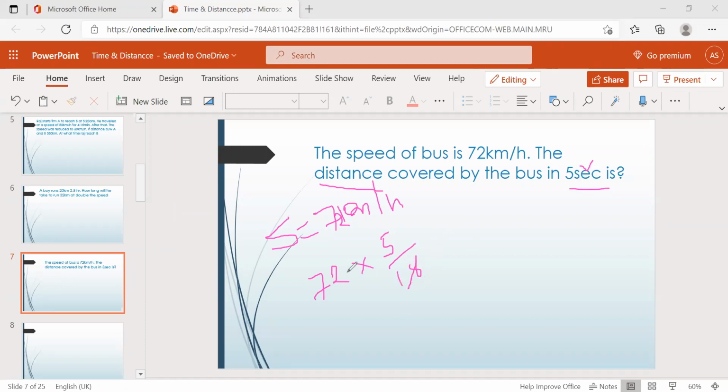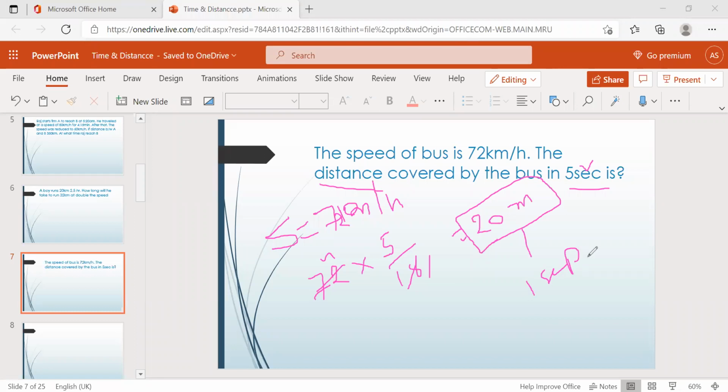18 ones are 18, 18 fours are 72. So 4 into 5 is 20. What is this? 20 meters. He will cover 20 meters in 1 second.